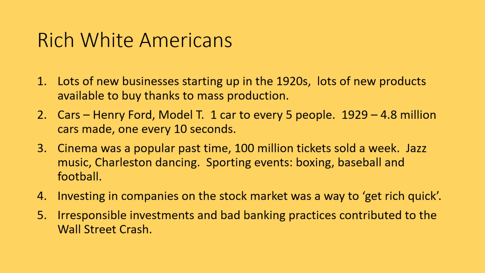There were no problems there whatsoever, and because of that laissez-faire attitude, the government wasn't getting involved whatsoever. And these sloppy banking practices, these speculators who were really gambling on playing the system in stocks and shares, contribute to the Wall Street crash, which happens on the 29th of October 1929.